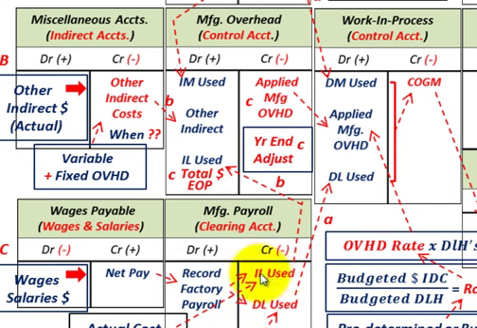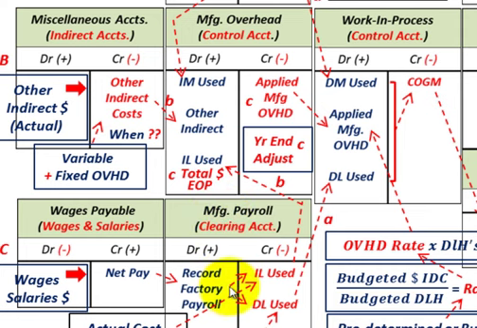Indirect labor could also be engineering salaries and so forth supporting it, but I've just broken it out as indirect labor. So what we're going to do, again, is move the indirect labor up into our manufacturing overhead control account, indirect labor used. So that's going to be part of our debit to our manufacturing overhead control account.